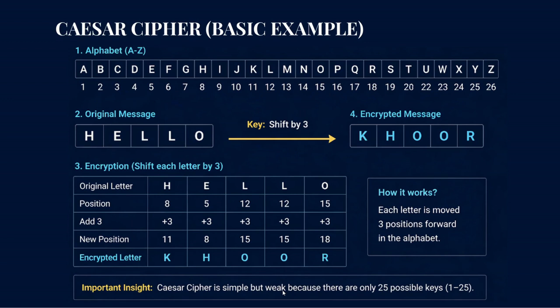Each letter in the message will move 3 positions forward in the alphabet. Let's do it step by step. First letter H. If H is moved 3 positions, it becomes K. E becomes H, L becomes O, and O becomes R. So after encryption, HELLO becomes KHOOR, which is completely meaningless.